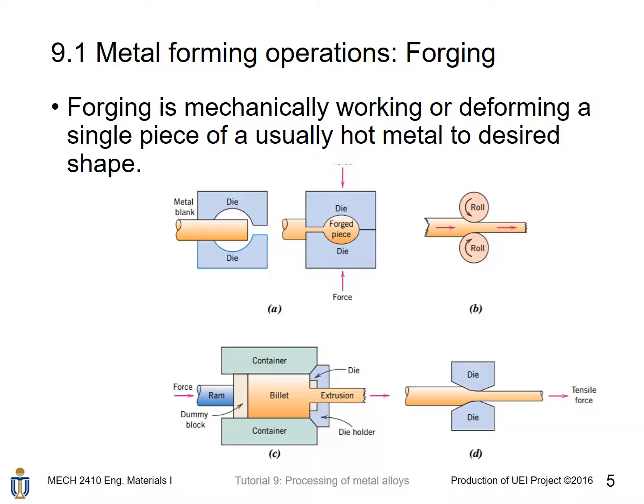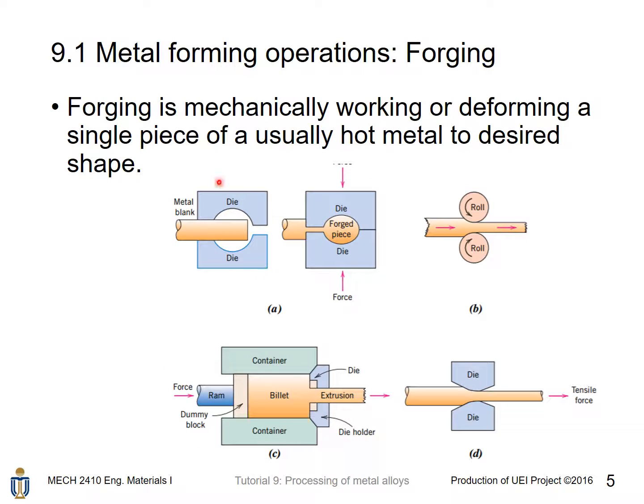Forging. Forging is mechanical working or deforming of a single piece of usually hot metal to a desired shape, which is a permanent deformation. Here is a picture showing how metal is forged.